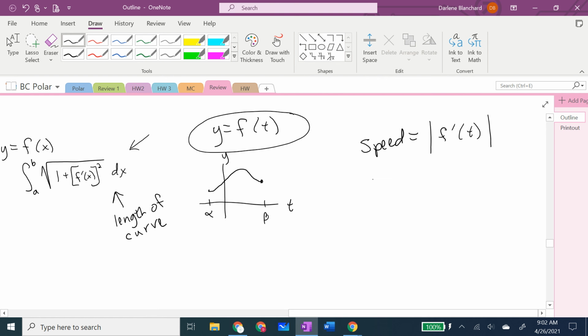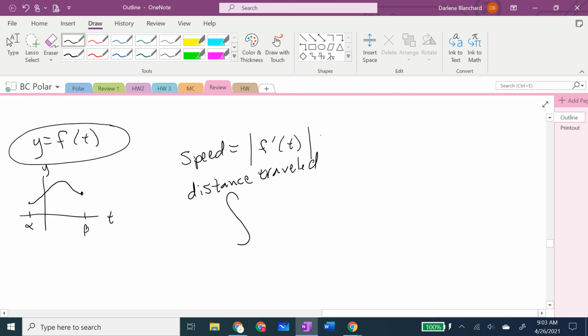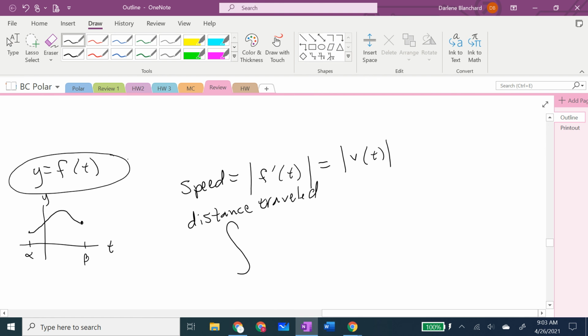And in order to find distance traveled, you always integrate speed. Now I want to point out that f prime is representing velocity, if this is the position function.